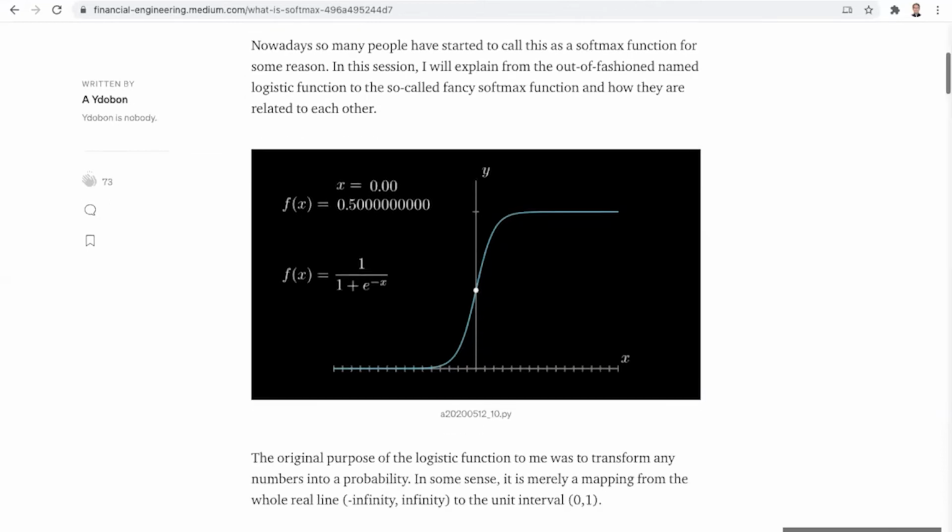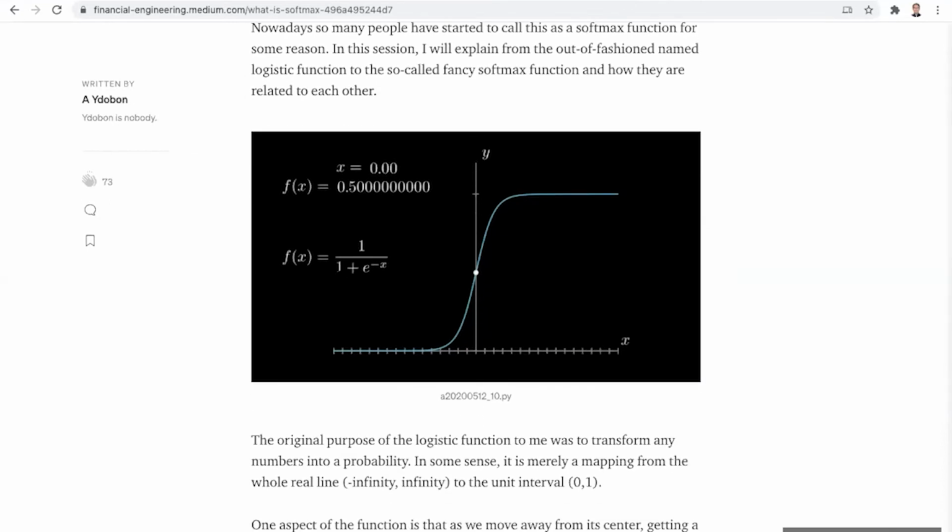The formula for that is this one. I should read from the top: 1 over 1 plus e to the negative x. This is the animation that I made. It goes up and goes down.